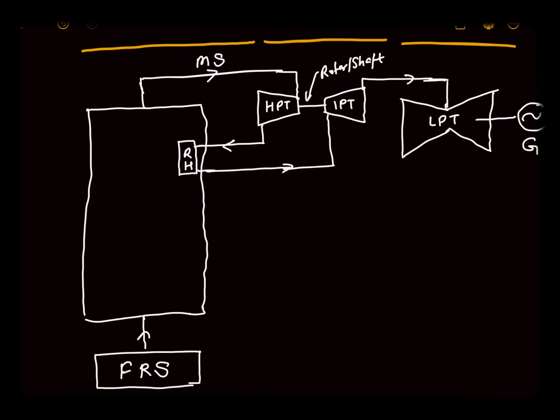Now the very low enthalpy steam, when it comes out from the low pressure turbine, is contained in the condenser, and the condensed steam which is now converted into the form of water is called condensate.